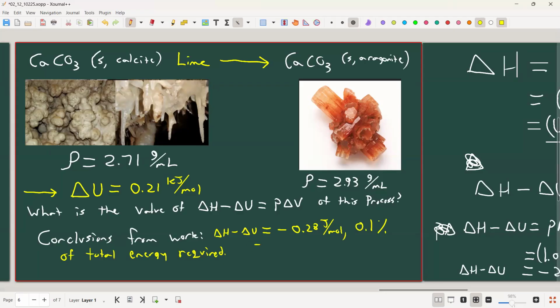So we can, for condensed matter, neglect PV work.